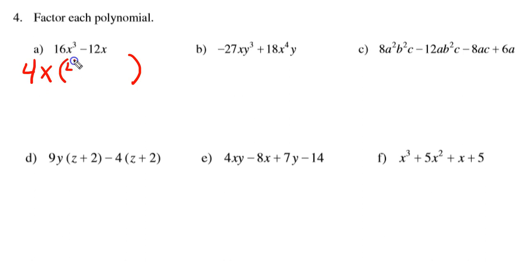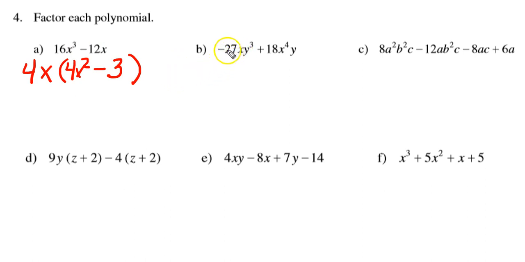So I'm left now with 4x squared minus 3. So out of each term, I'm taking out a 4x. And then if I distribute, I get this again. So it's a way to check.